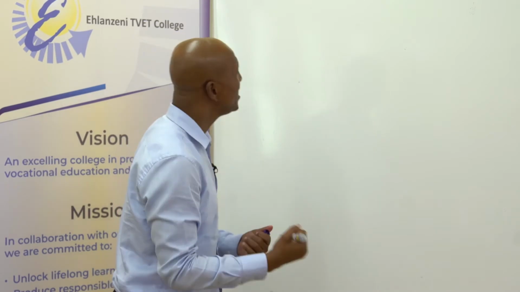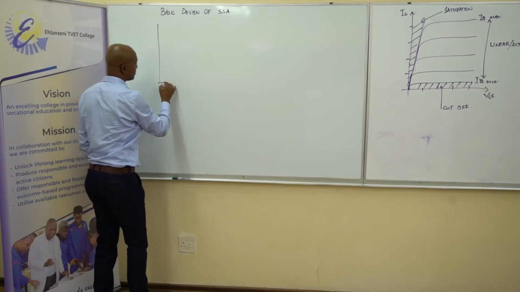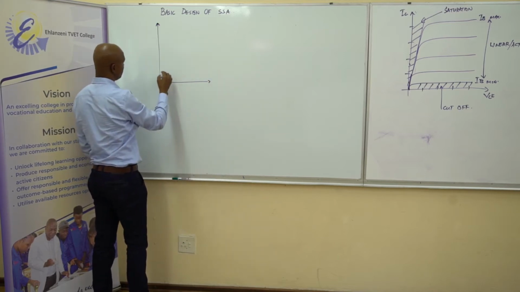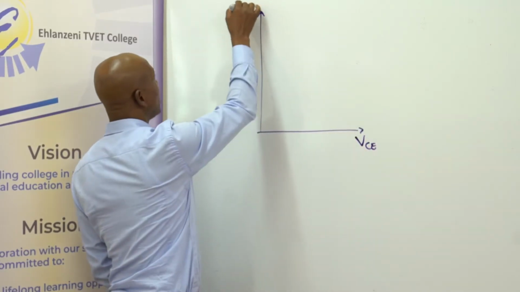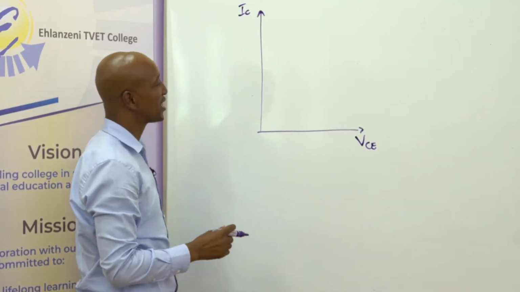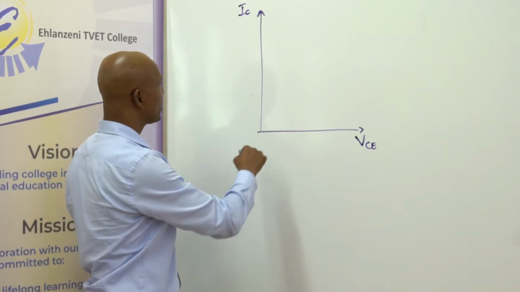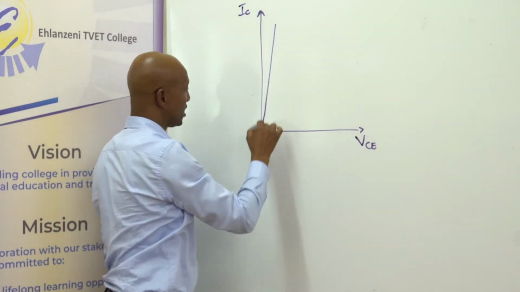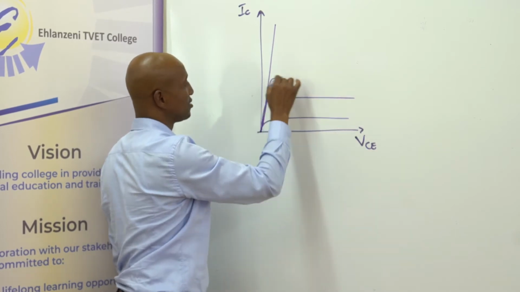Once we have our linear region in the output characteristics, we shall have our output voltages and our output current. In that, we are only concerned with the active region.